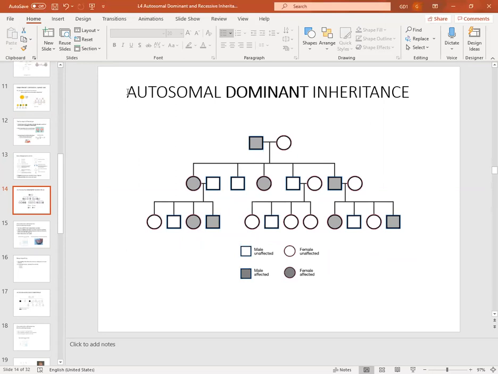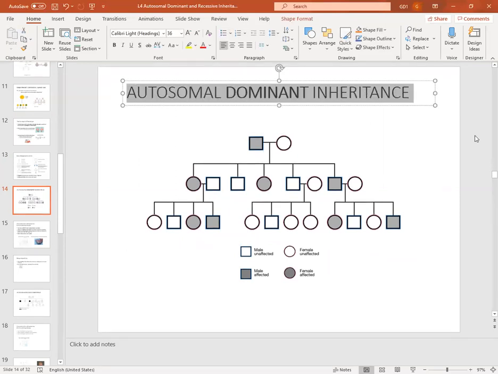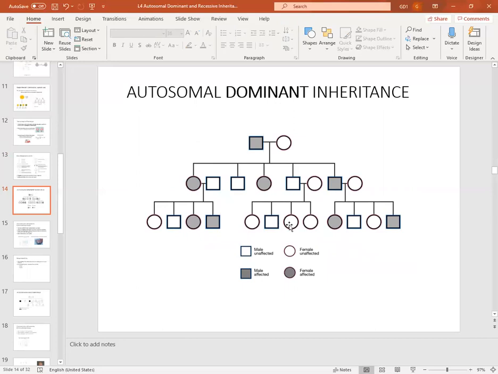We're talking about autosomal dominant inheritance, and I want you to look at this and check it. What are the characteristics of autosomal dominant inheritance? Can you write down something you notice about this pedigree?